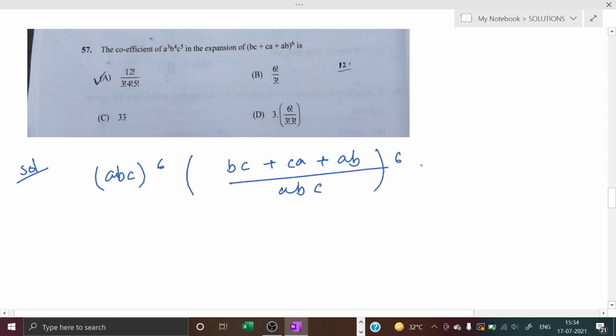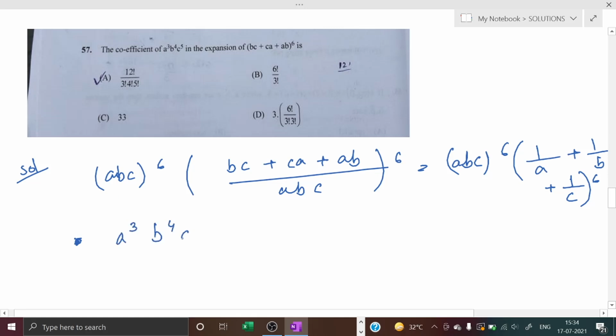To the power 6. So we have (ABC) whole to the power 6 into (1/A + 1/B + 1/C) whole to the power 6. So we have to find the coefficient of A cubed, B squared, C in this.